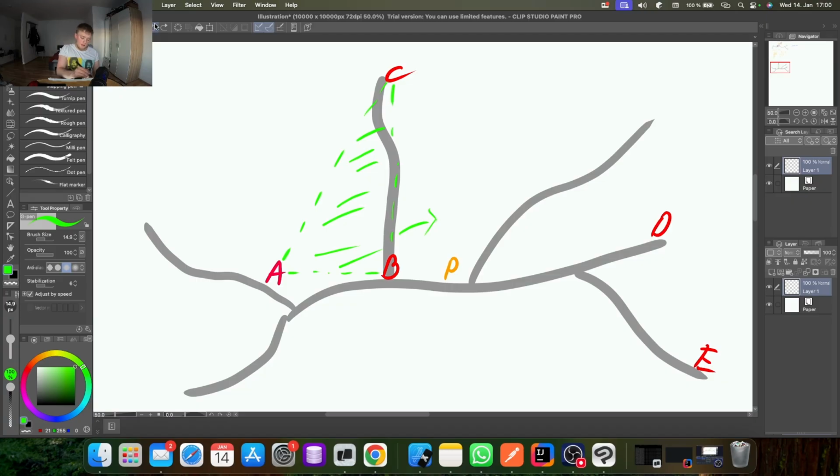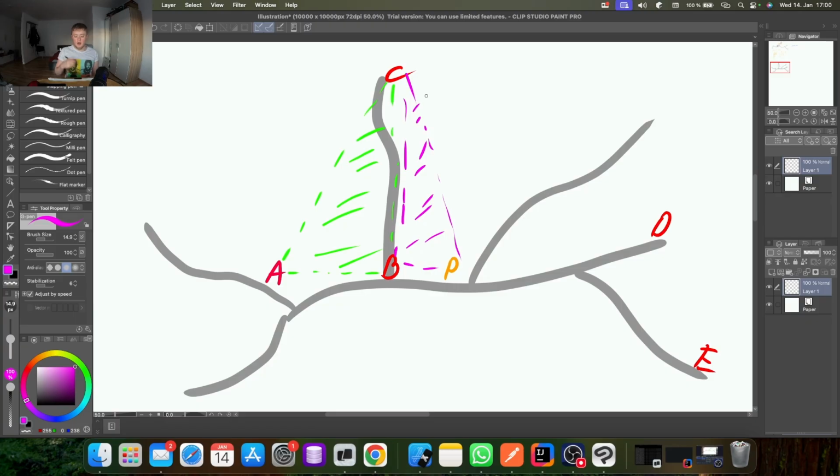And to do that, we need to have another 3 triangles. We use another color for that. For example, a new triangle should be A, B, C, P, and B. This is another triangle.